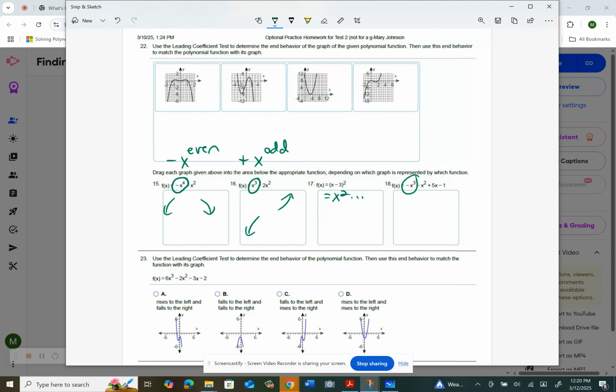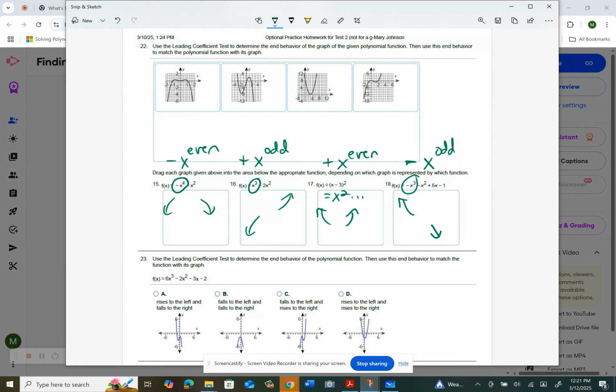This one has a positive x squared for its leading term, so parabolas that open up. And the last one is a negative x odd, so it opens in opposite directions and is basically falling.